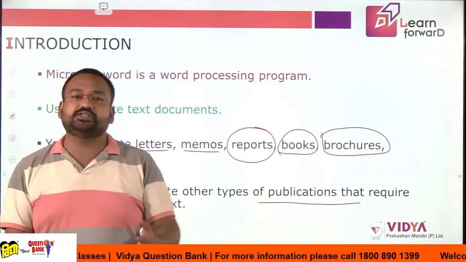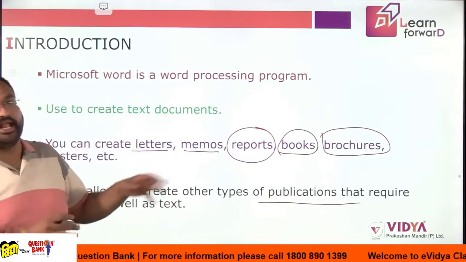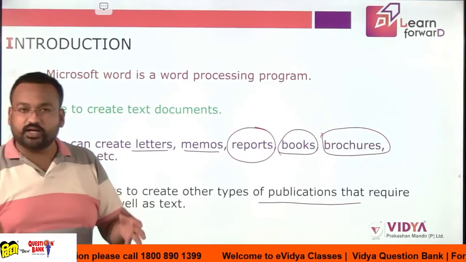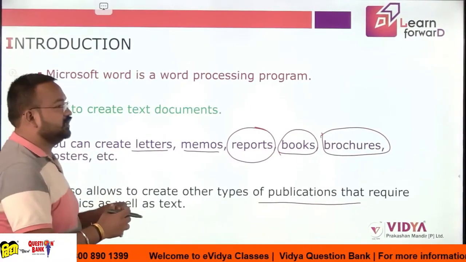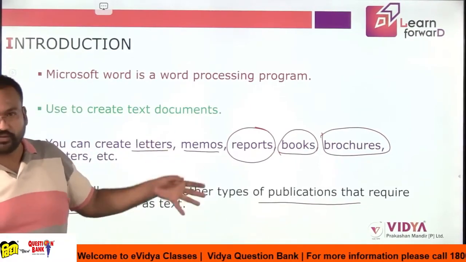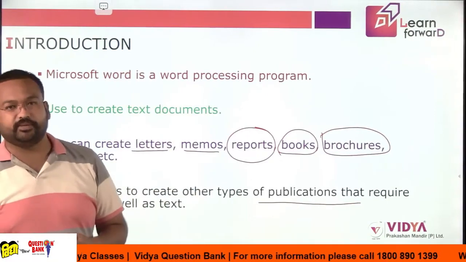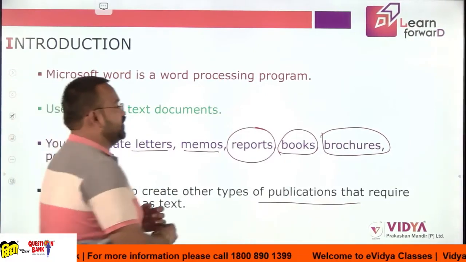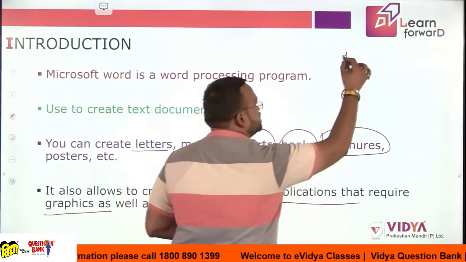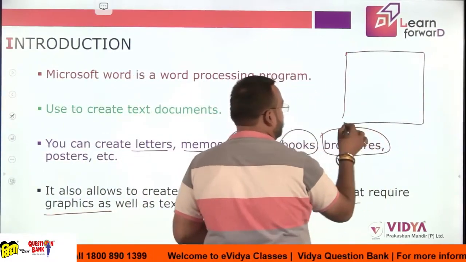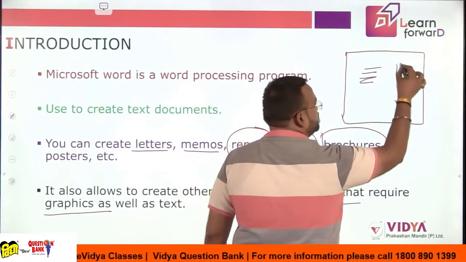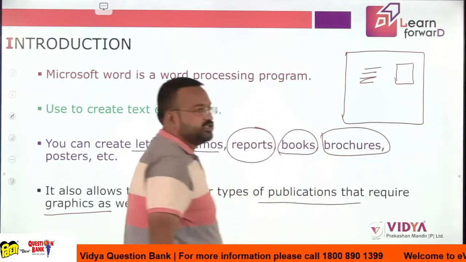The graphics include images, special figures, and you can create some classic shapes in this software, and you can easily manage them as well. Like this is a simple Word document window you can imagine, and here you can write some text, and with that text you can add an image as well.